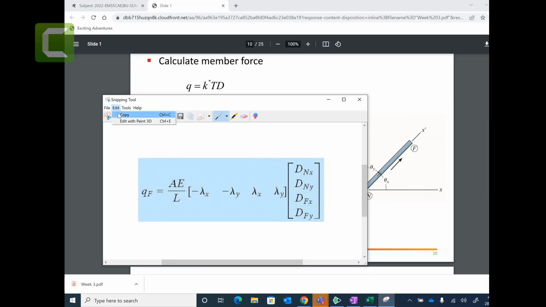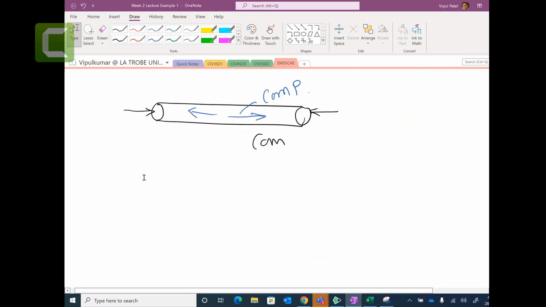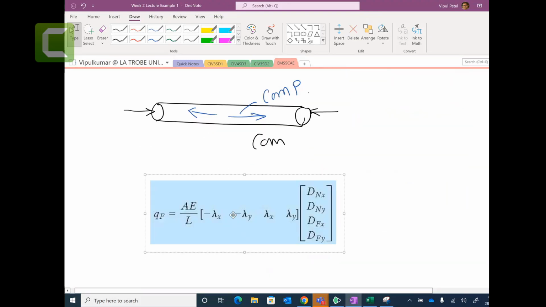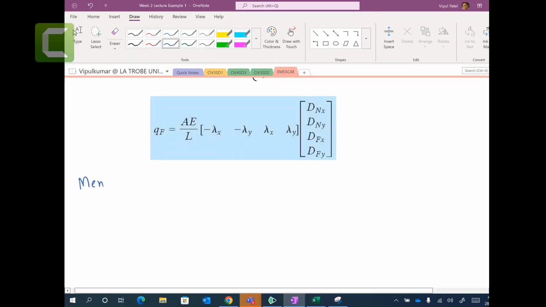So this is the equation that we're going to use to find the internal axial force. So let's say we will do member number one. And how do we know where is member number one? Let me go back.